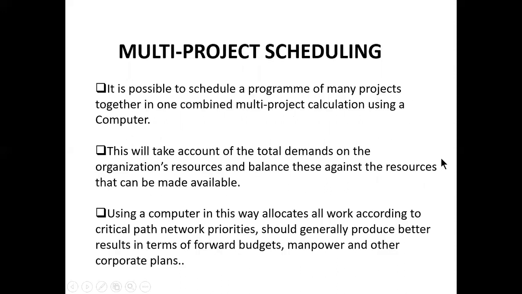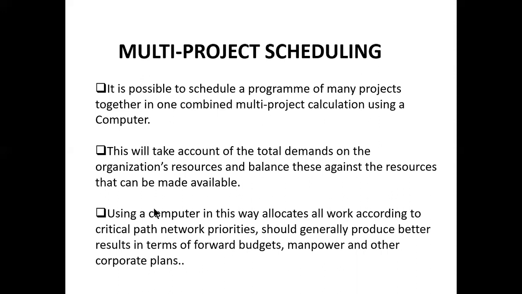What about multi-project scheduling? We're talking about scheduling projects that are colluding and achieving one objective, and hence we say multi, which means many projects. Scheduling many projects is very complex for the average human brain.